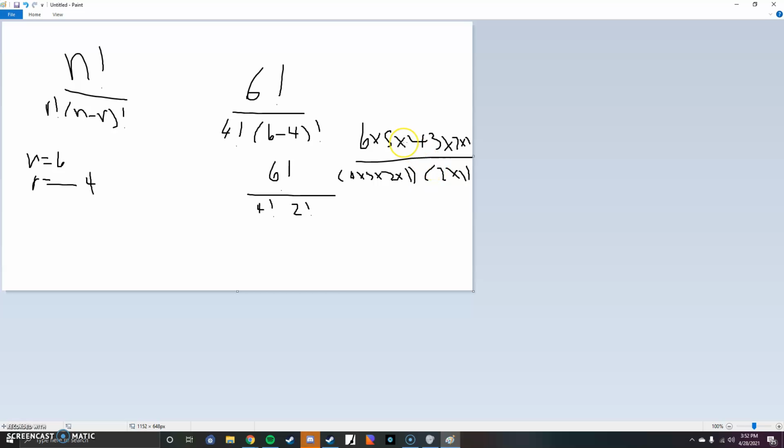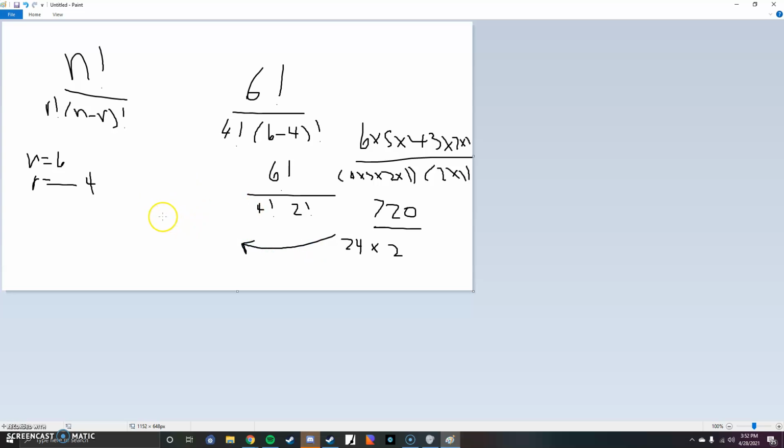Put this in parentheses so it would be easier. So the top is going to be 6 times 5 times 4 times 3 times 2 times 1, so it would be 720, divided by 4 times 3 times 2 times 1, which is 24, and times 2 times 1, so 2 times 24 is 48. So I'm just going to drag this over here.